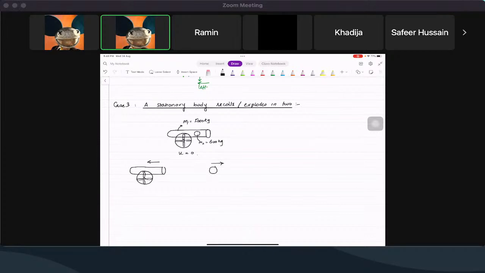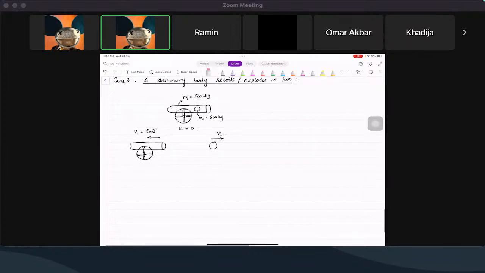You can actually check some cannon firing videos as well. Suppose it goes at v1, which is 5 meters per second, and we want to check what is v2. This will always be in opposite directions. We already know the direction, so it's fine.